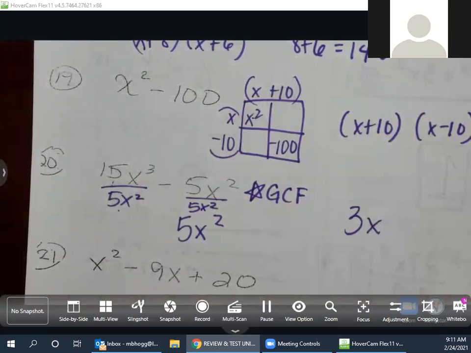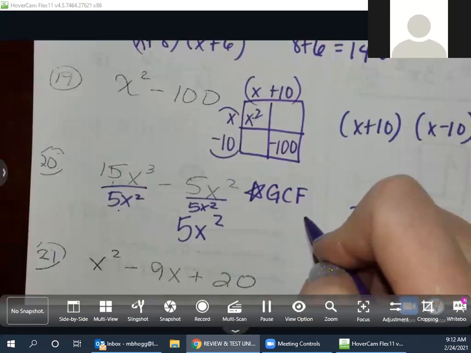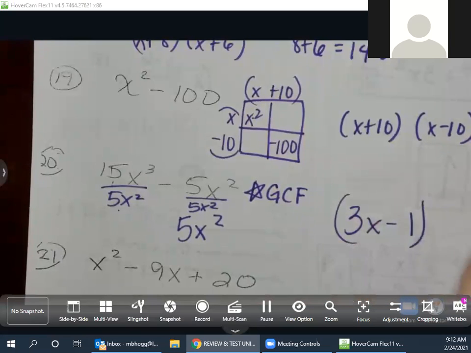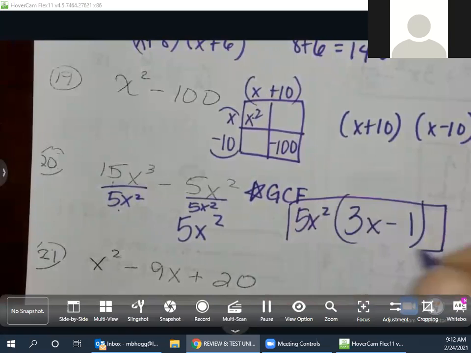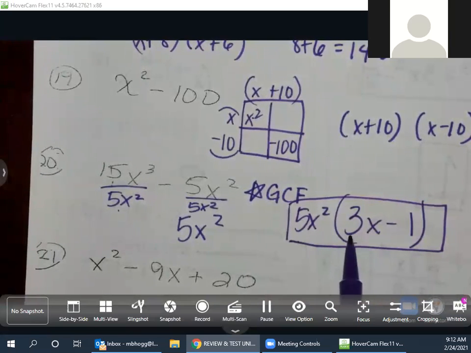And then you get an x minus 1. So your answer, this is not a difference of squares here. You can't factor this anymore. So your answer is just this. 5x squared times 3x minus 1.